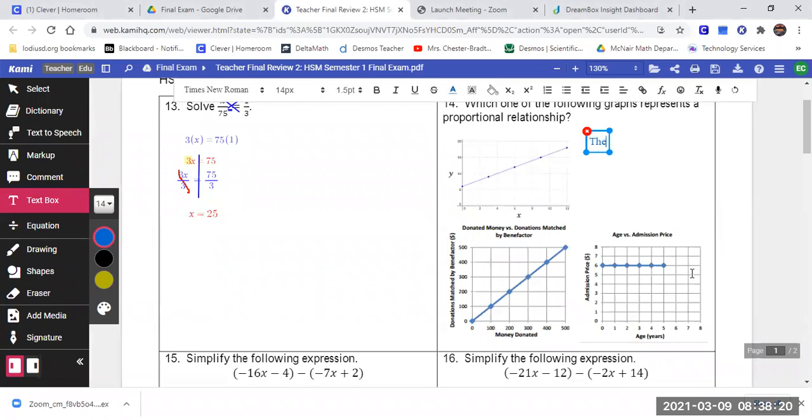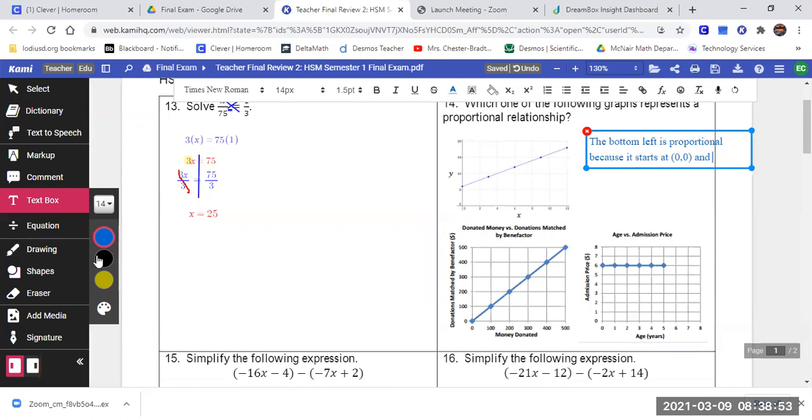So the bottom left is proportional because it starts at the origin, right? 0, 0. And what else has to be true for it to be considered a proportional graph? Other than just starting at 0, 0.